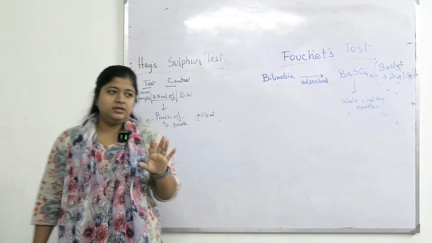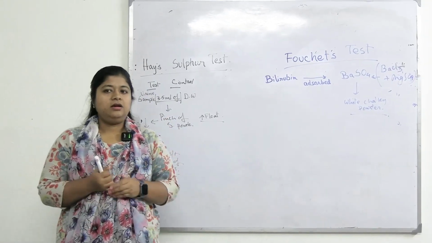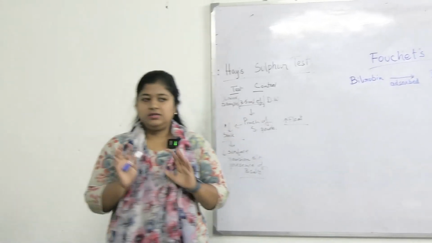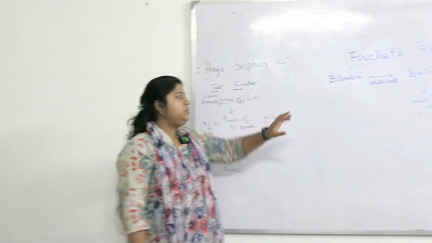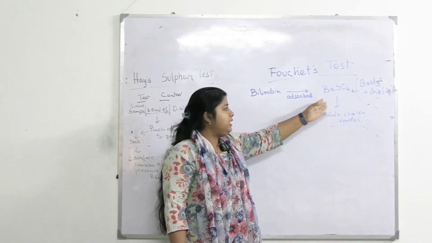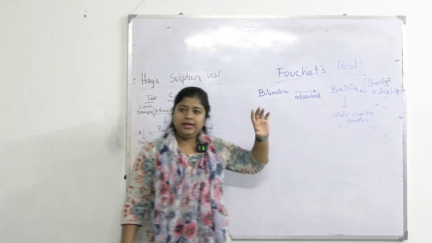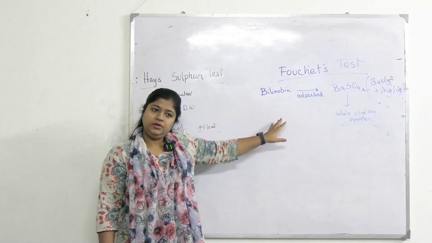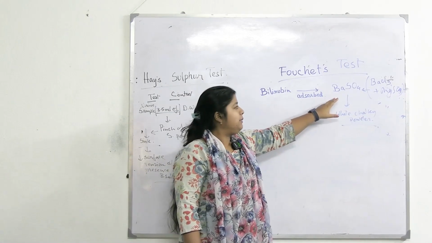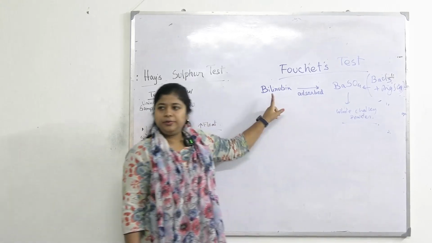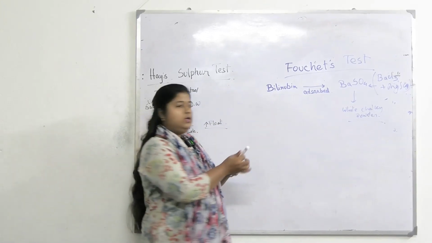You just listen to this. Whatever you have to write is already provided. You just listen and understand. Sometimes we add barium chloride liquid to the sample pre-mixed with magnesium sulfate. So the barium sulfate powder adsorbs the bilirubin present in the urine sample.